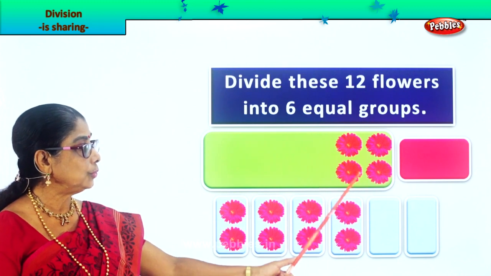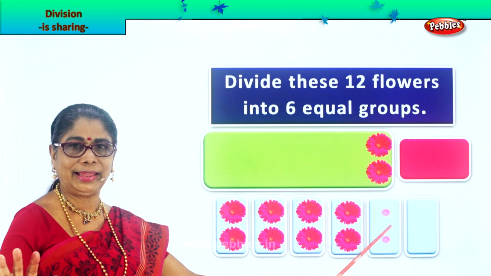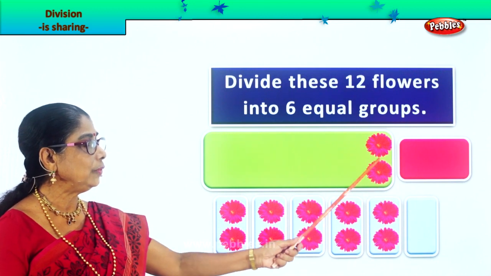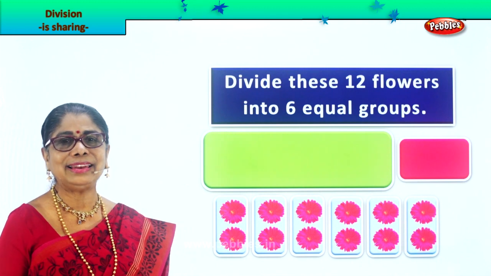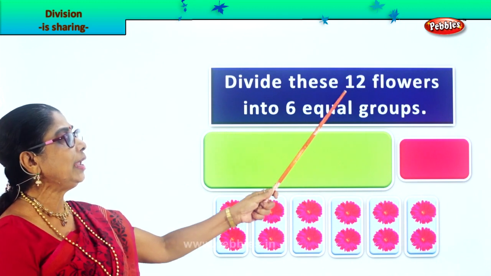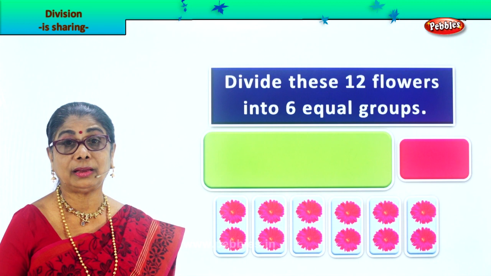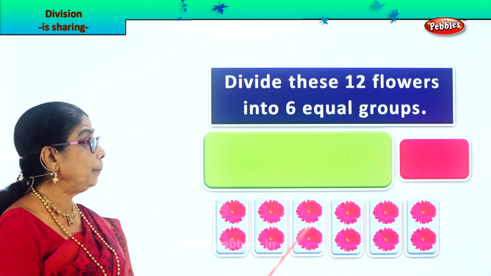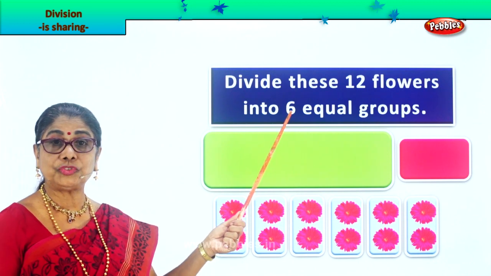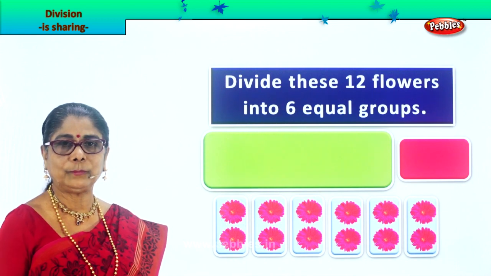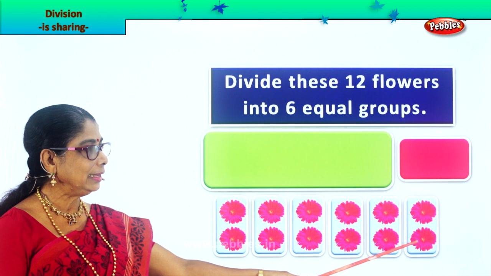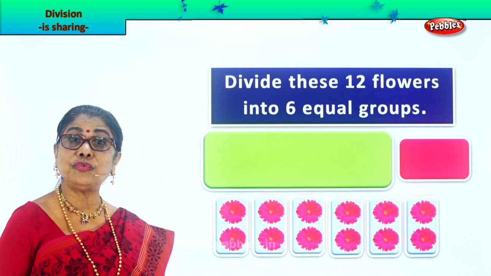And next 2 into the fifth tray. And finally, we have 2 that go into the sixth and the last tray. We were given 12 flowers to be put into 6 trays to divide equally. So we have in each tray 2 flowers.